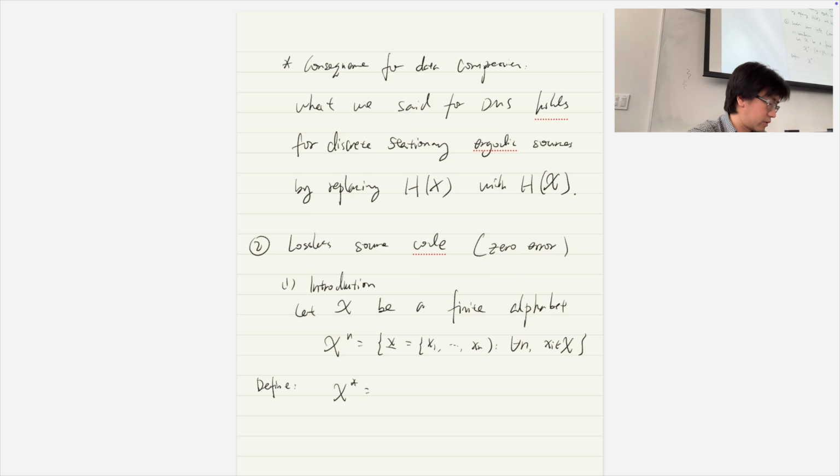That equals the union from 1 to n, and this should be calligraphic. Each element in this X*, we call small x*.